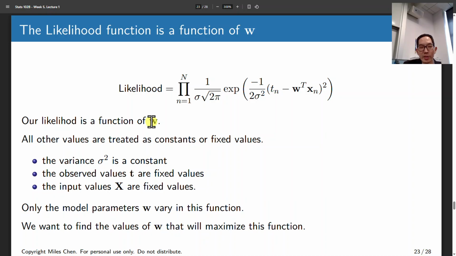The only things we can actually vary are the parameters, the weights inside our vector w. Everything else is fixed. The t's and the x's come directly from our data, so we can only maximize the likelihood function once you have observed data. Sigma squared is a constant. And so we want to find the values of w that will maximize this function.